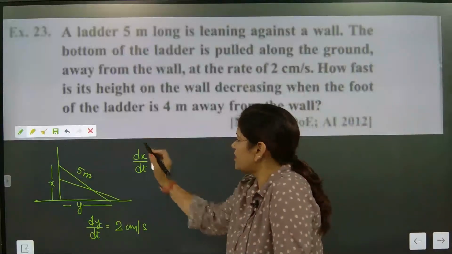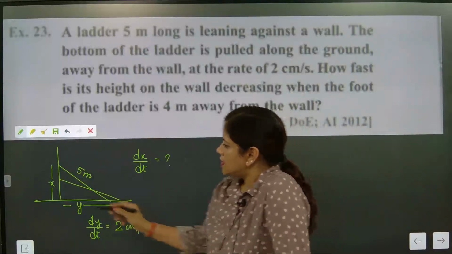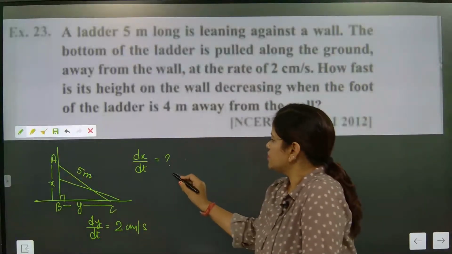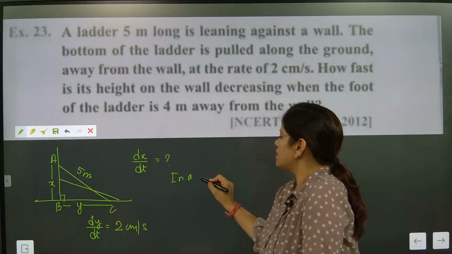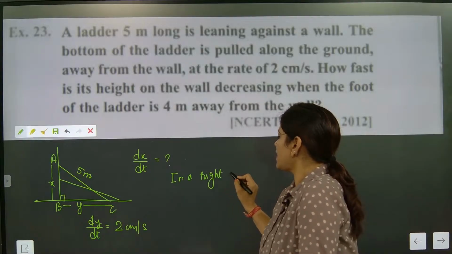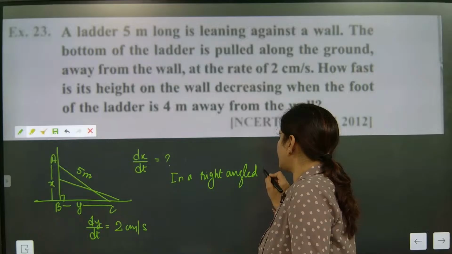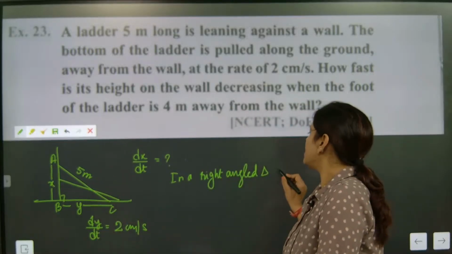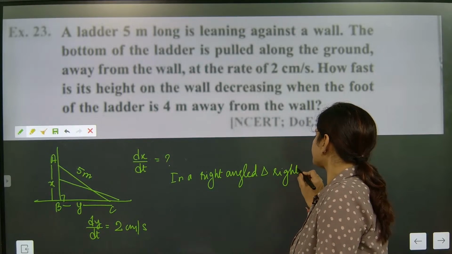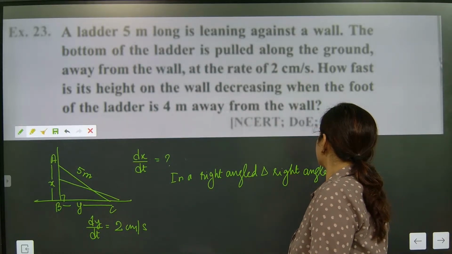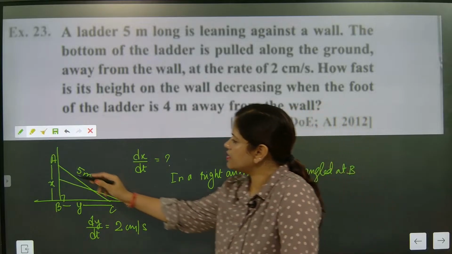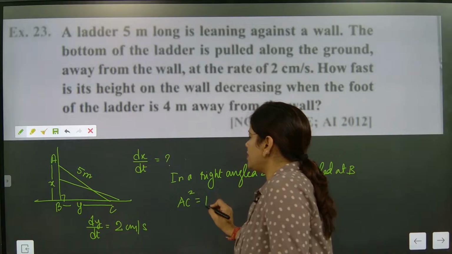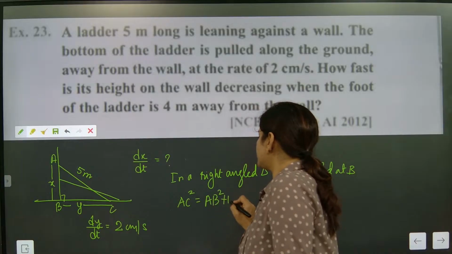Now the hypotenuse part will be there: a, b and c. So in a right angled triangle, right angled at b, the hypotenuse square, that is AC square, will be equal to AB square plus BC square.